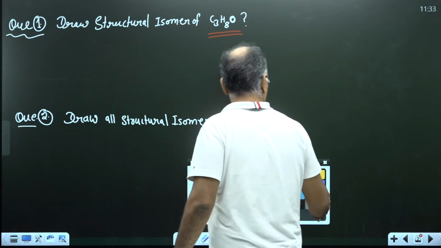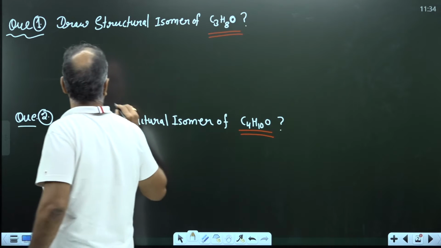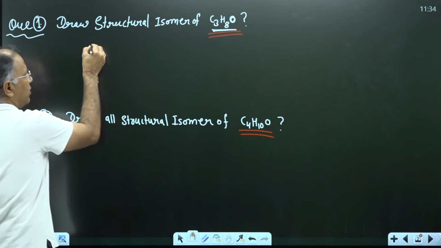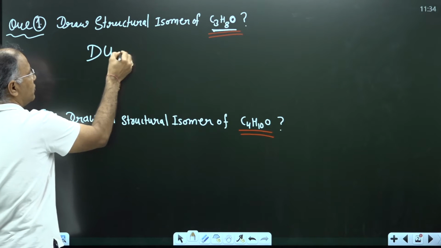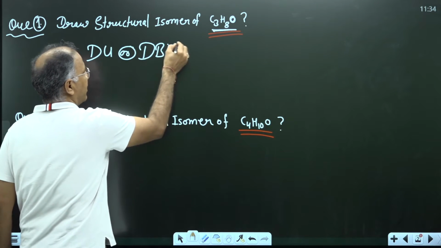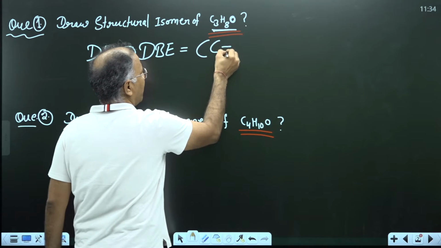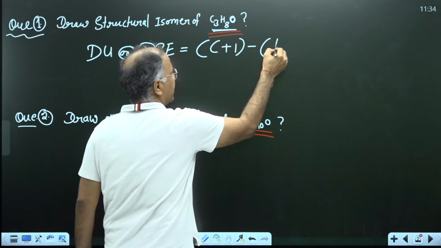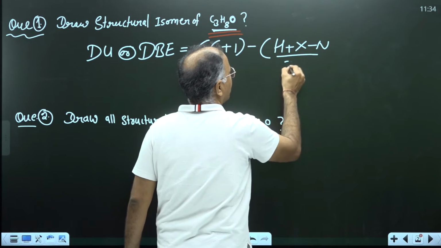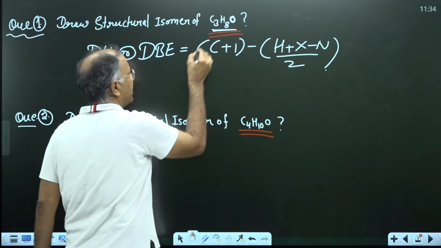Now in the first question, first of all, we have to find the degree of unsaturation of this C3H8O. Degree of unsaturation is sometimes also known as double bond equivalent. It is number of carbon plus 1 minus (hydrogen plus halogen minus nitrogen) by 2. In this case, 3 carbons are there.